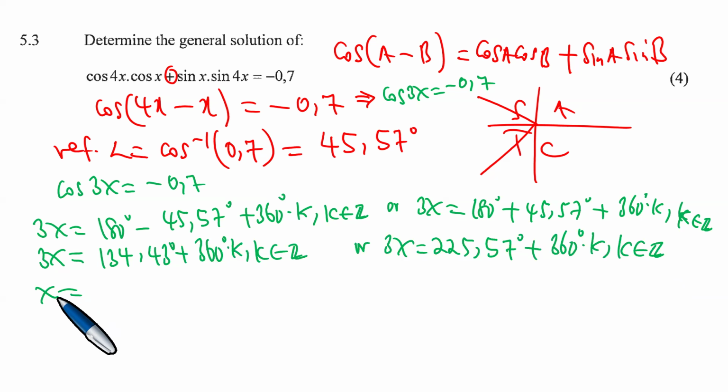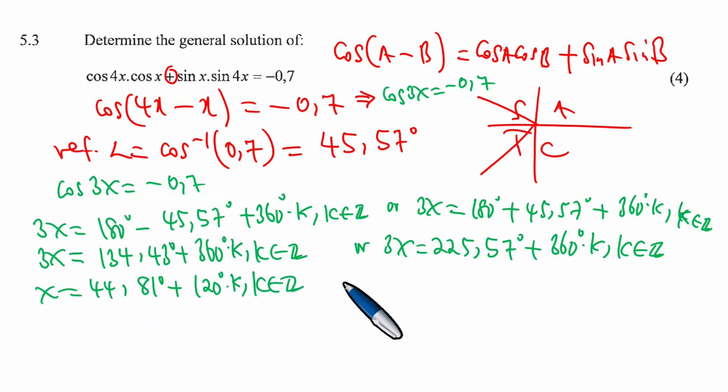134.43 divided by 3 is exactly 44.81 degrees. Now you divide 225.57 by 3, it's 75.